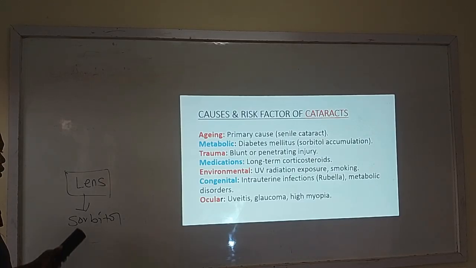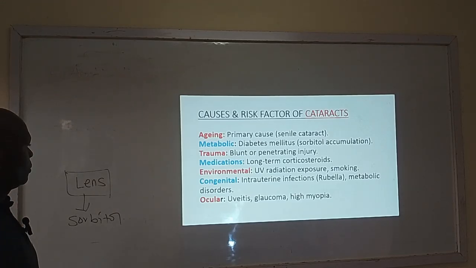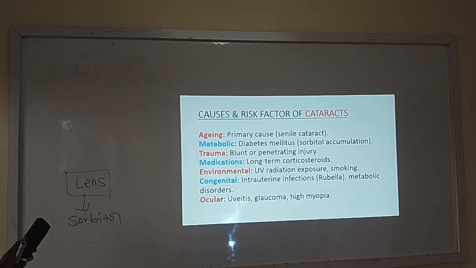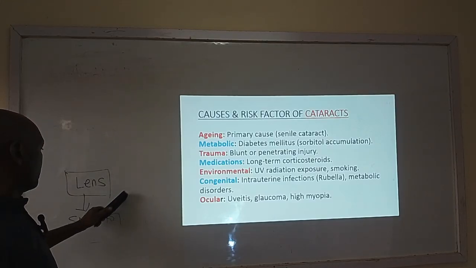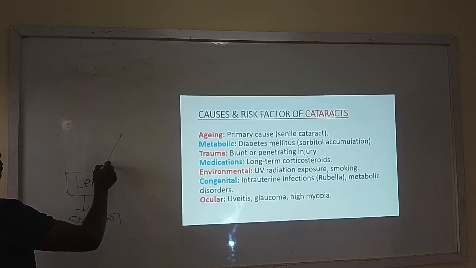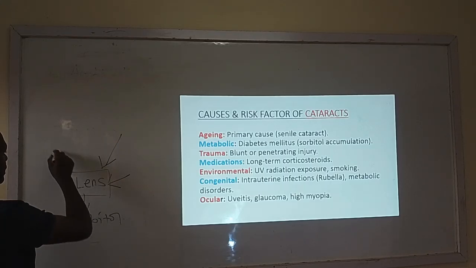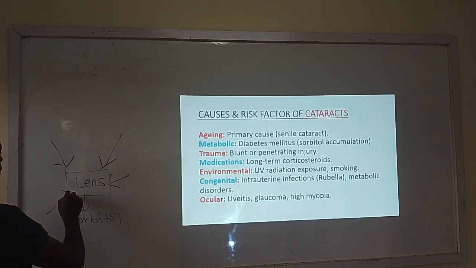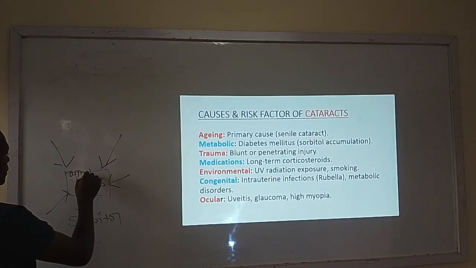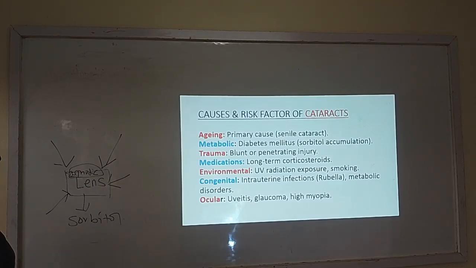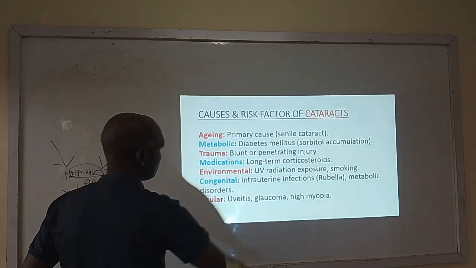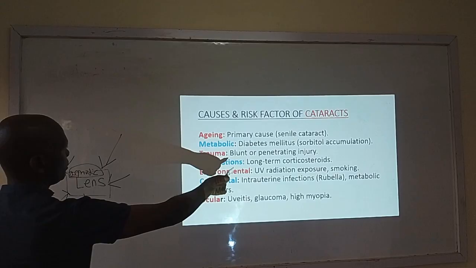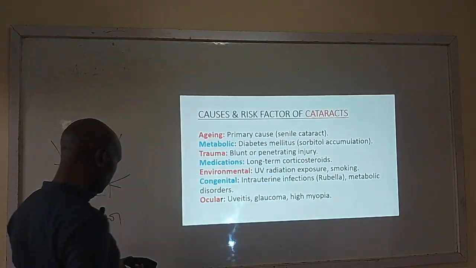And once it changes the osmotic status of the lens, then that tissue will draw water from the neighboring structures into the lens. So water will be drawn into the lens because there is osmotic change due to accumulation of glucose that has been converted into sorbitol.